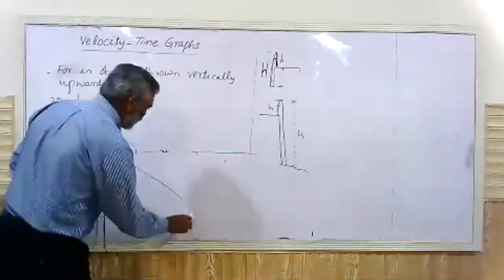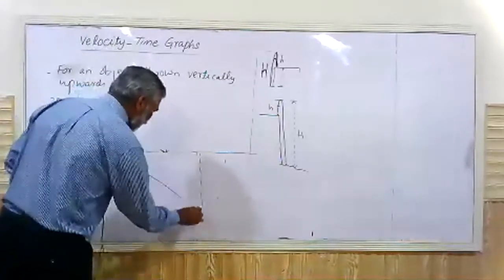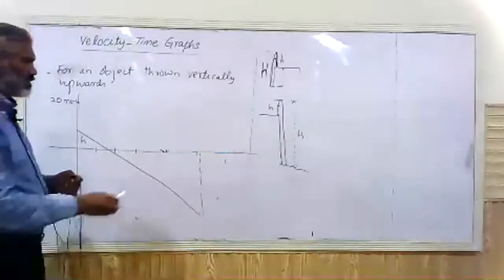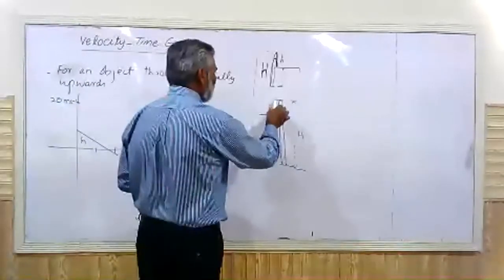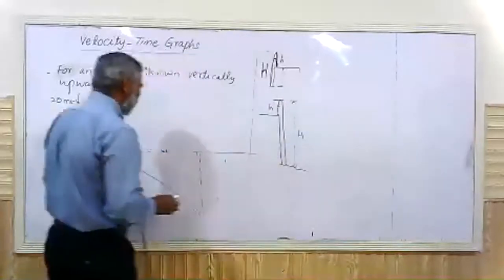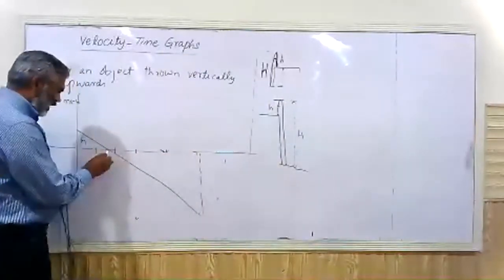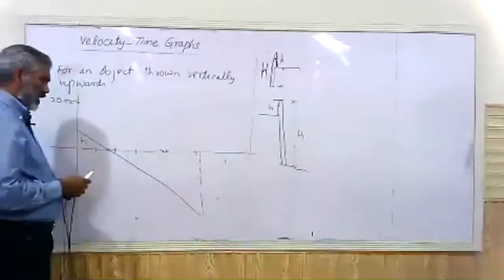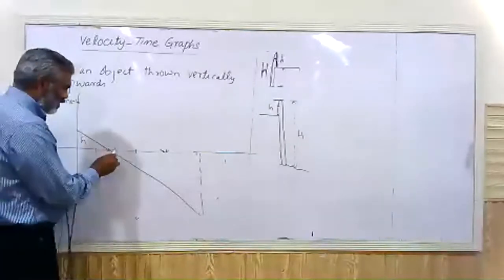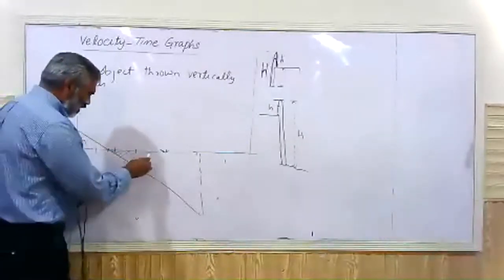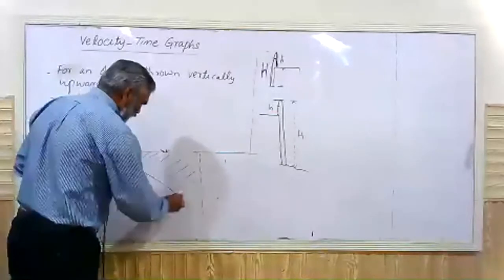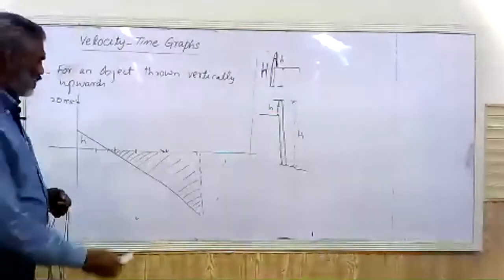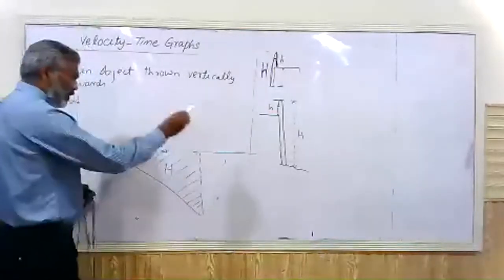So this will be the kind of graph now that we have. This is the small height through which it rises. In this case, this is the maximum height to which it goes. And this is the time at which it was at the maximum height. But it starts falling from this, and all this area shows the distance through which it falls freely. So this is denoted by capital H.